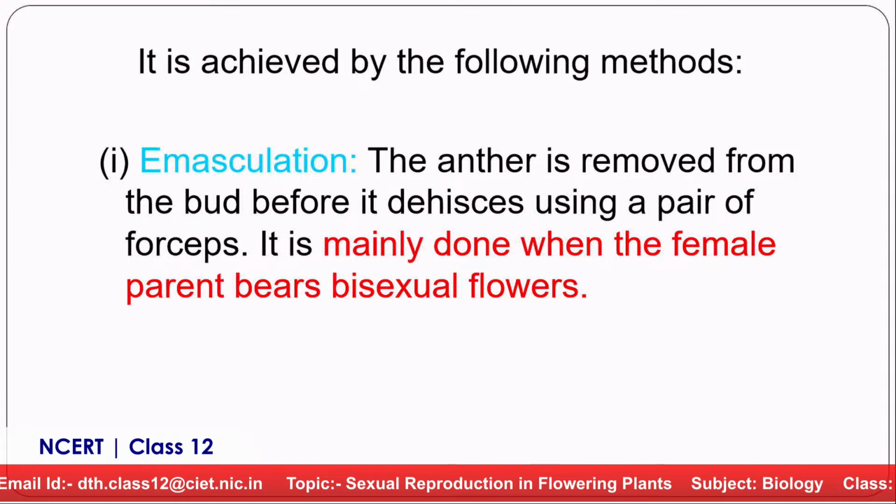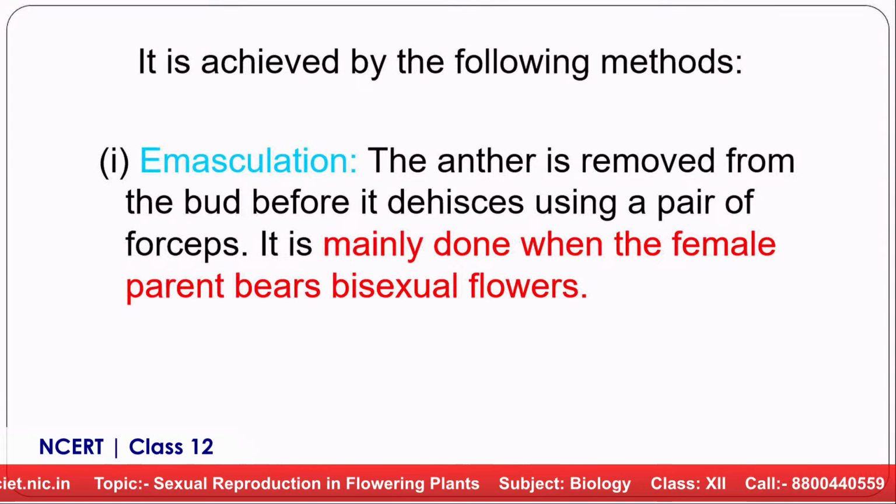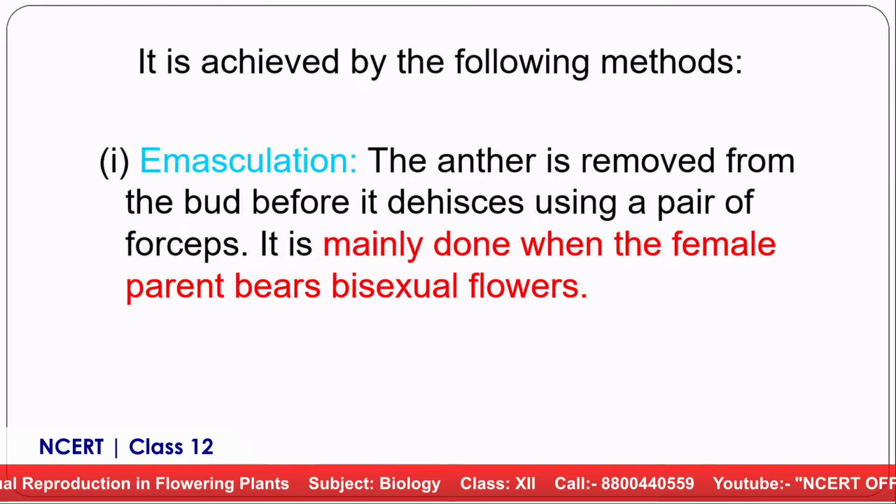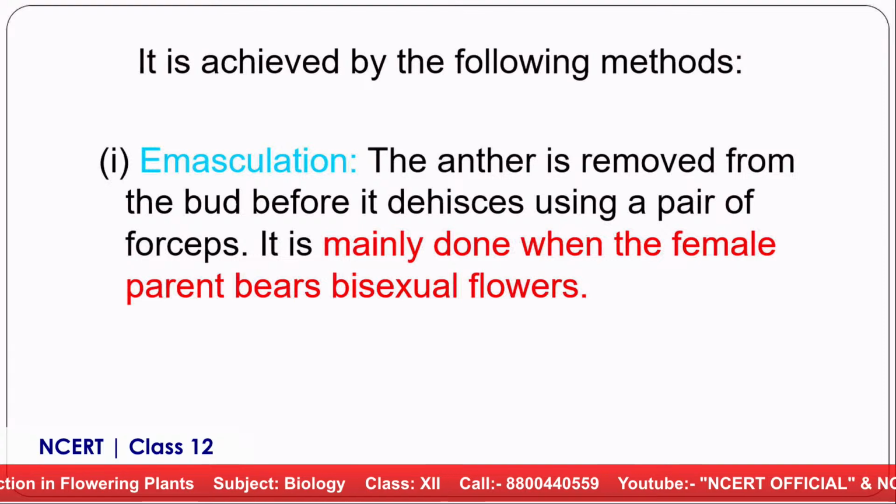Okay. In class 12th, emasculation, bagging and tagging, this is the practical part as well. And students get it prepared thoroughly, because this is very important for the viva purpose as well. What is emasculation, what is bagging, why we used to do, and why the only bisexual flowers always chosen, then what is the use of the rebagging, why we tag them.